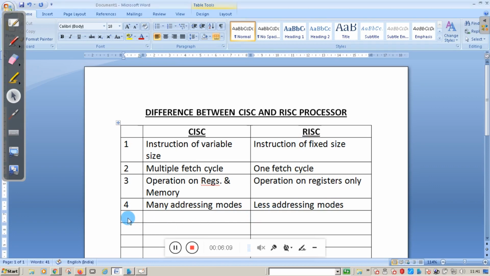And the fifth point is that a CISC processor makes use of few registers, while a RISC processor makes use of lots of registers.